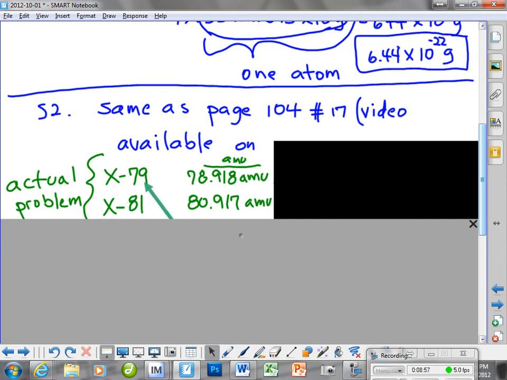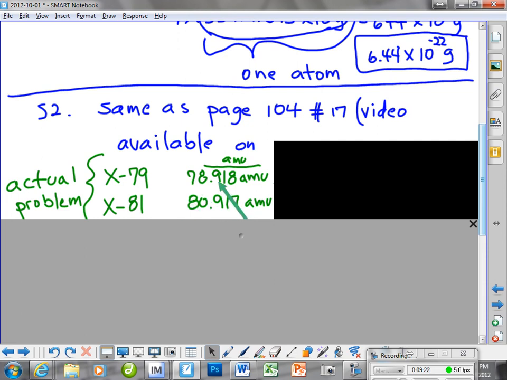The isotope is 79, and the 79 is the number that we see at the top of the chemical symbol, right? So the actual AMUs for 79 is 78.918 AMUs. And can you see how that becomes 79?